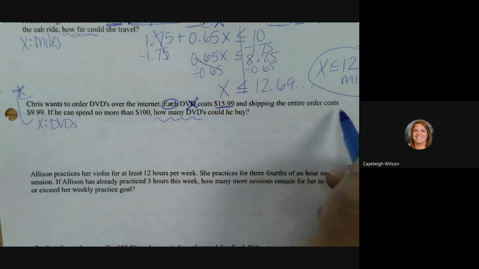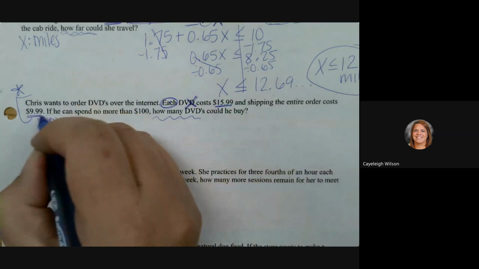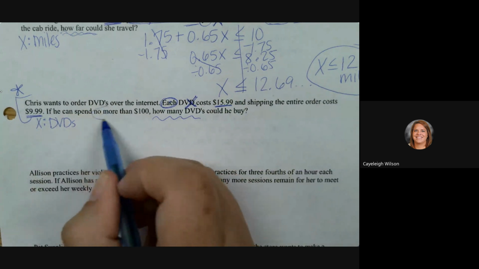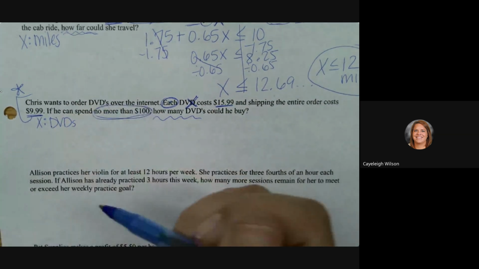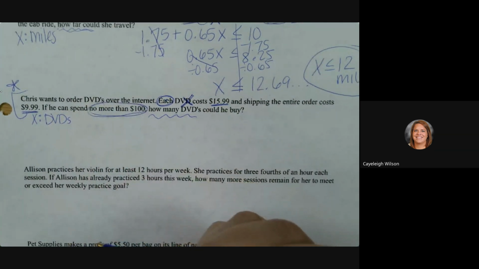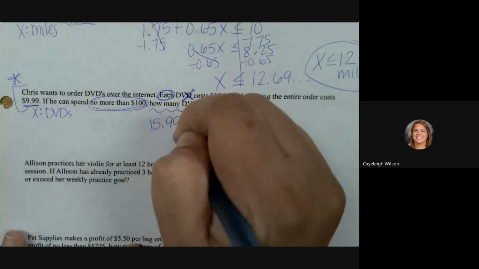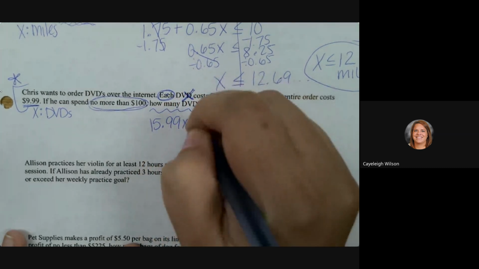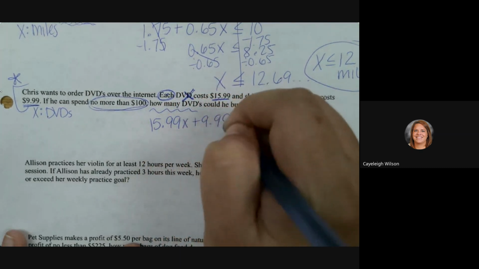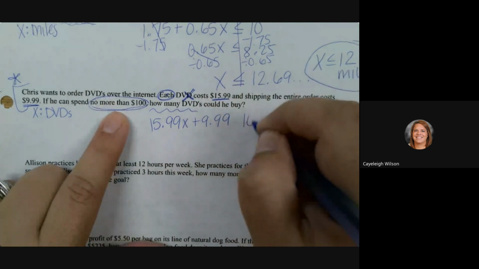And shipping the entire order costs $9.99 if he can spend no more than $100. So what do they do with shipping when you buy stuff? They add it on. So it's $15.99 for each DVD, so $15.99x plus the shipping, and it says it can be no more than 100.